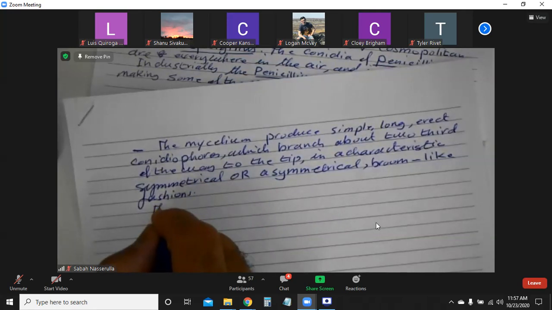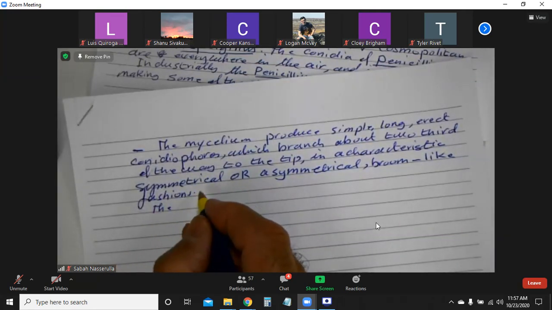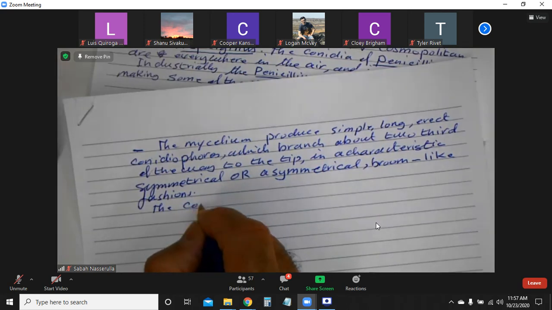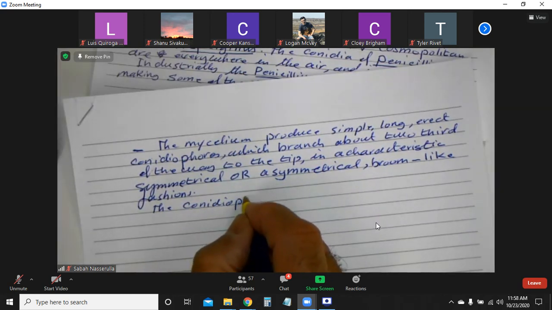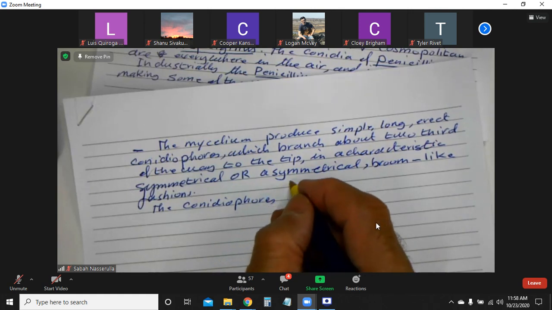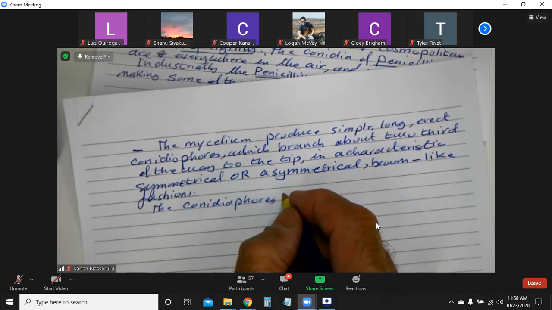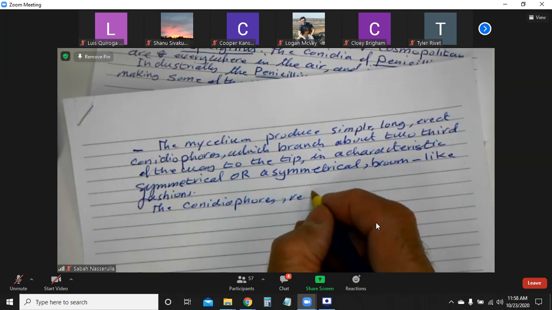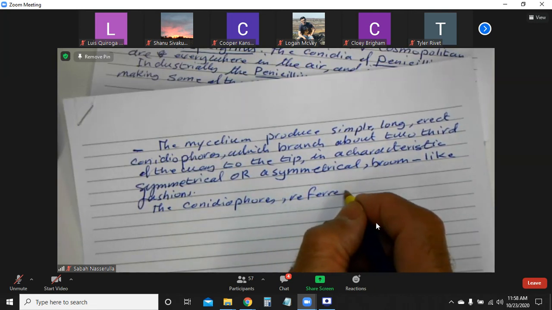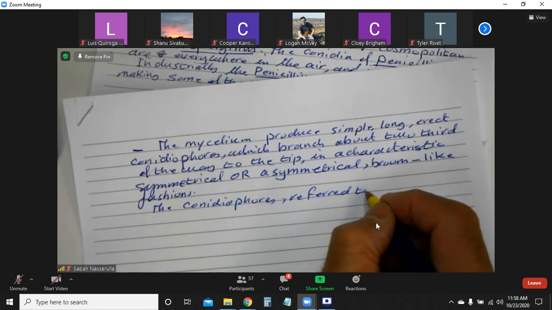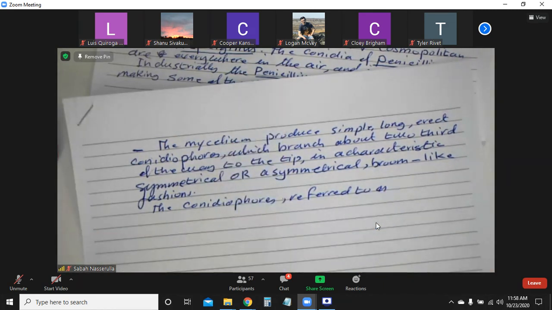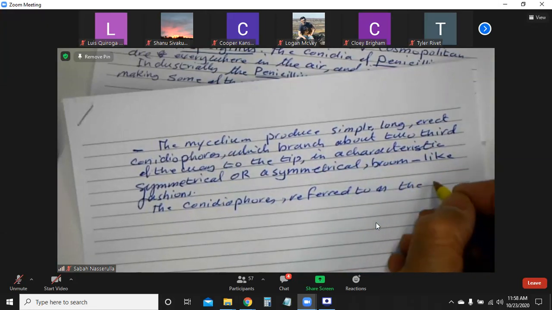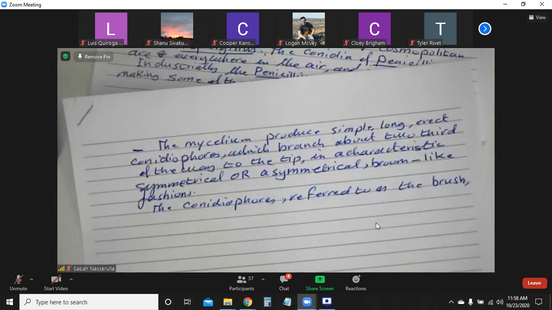Now, the conidiophore, to mention to you here, is sometimes referred to as the brush because of their shape, known as the brush.